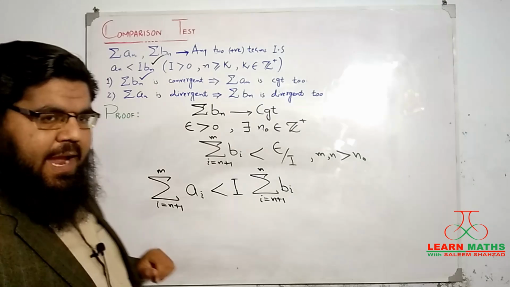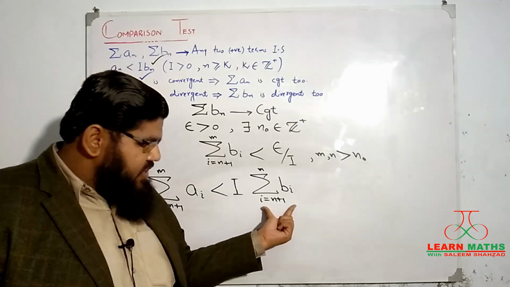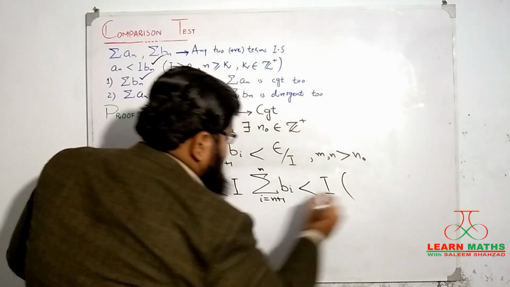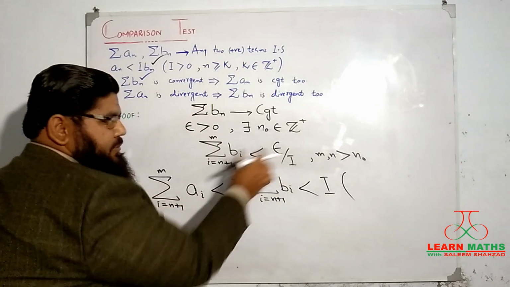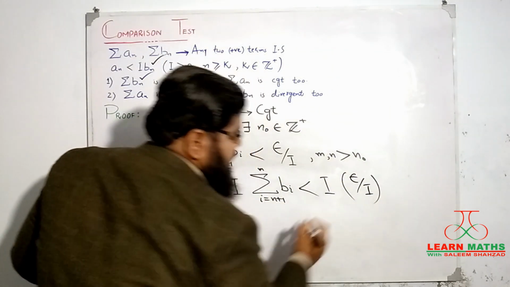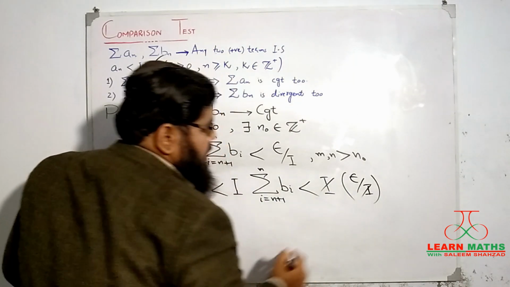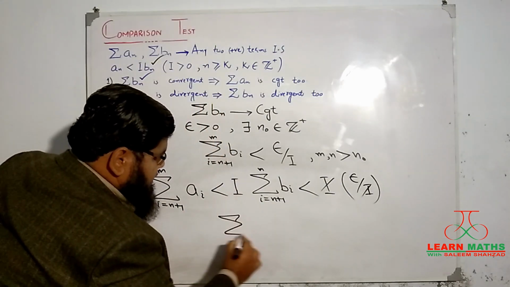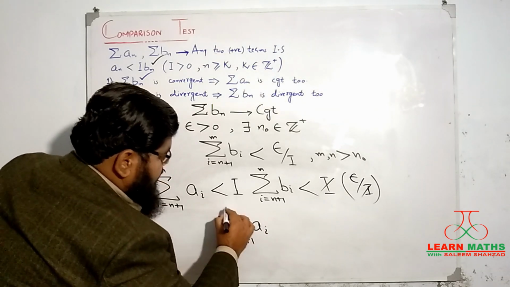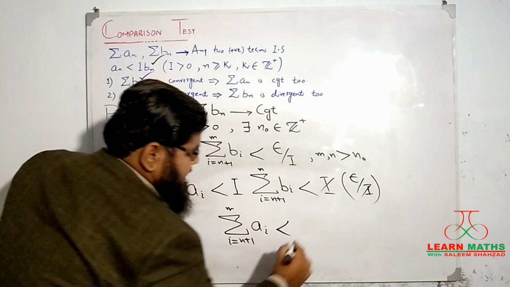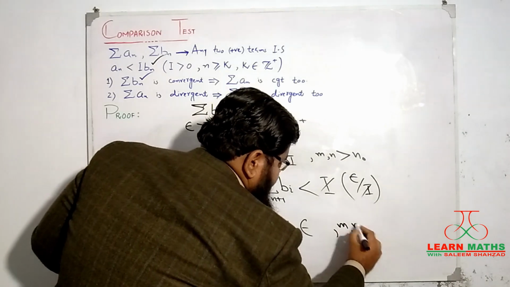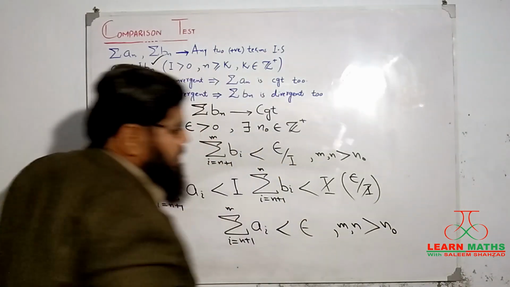And then I replace this expression as follows: l times, we know that this expression was less than epsilon over l, so we can write here epsilon over l. Now cancelling these two, we will finally have summation ai, where i runs from n plus 1 to m, less than epsilon, a positive real number, for all m, n greater than n naught.